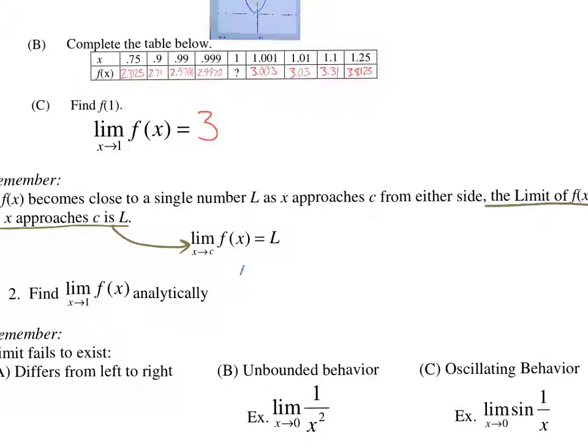If we have x cubed minus 1 over x minus 1, how did we figure out where that hole was? What makes the denominator 0 is your x coordinate. So we know it's the point (1, something), and that something is what the limit equals.